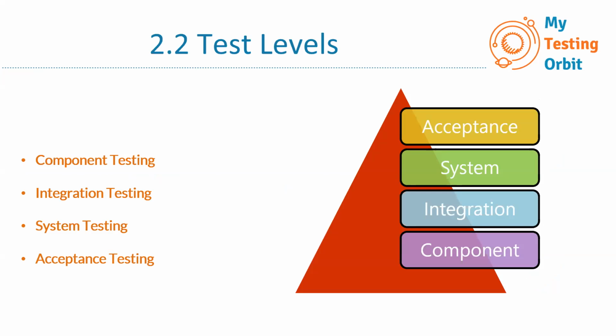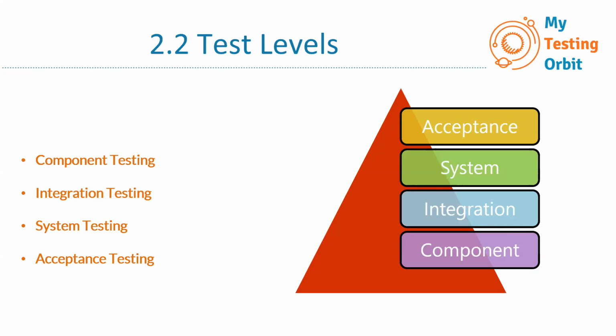Okay, so let's see what test levels there are. There can be other test levels as well, but for this foundation syllabus, we will go through these four main test levels: component testing, integration testing, system testing, and acceptance testing.